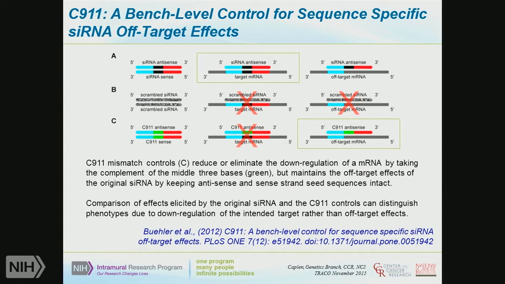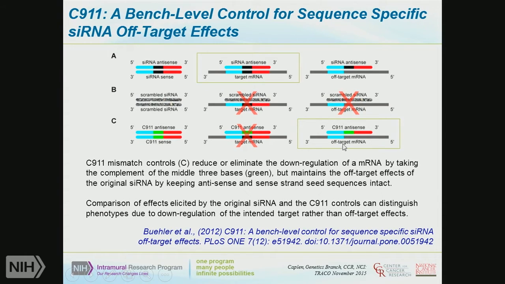One of the ways that they've developed to counteract this issue of off-target effects is to make siRNAs where you mutate the middle part of the siRNA, which is absolutely essential for locating the cleavage event. And then you can compare the effects of your siRNA that's targeting your mRNA of interest versus the effect of an siRNA that is mutated at that site.